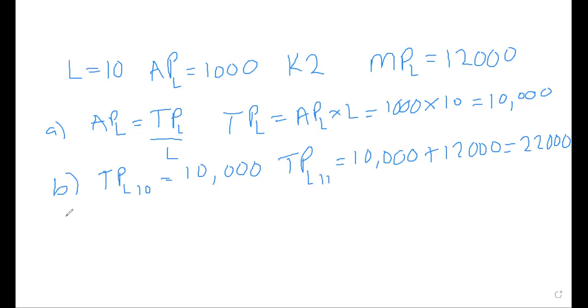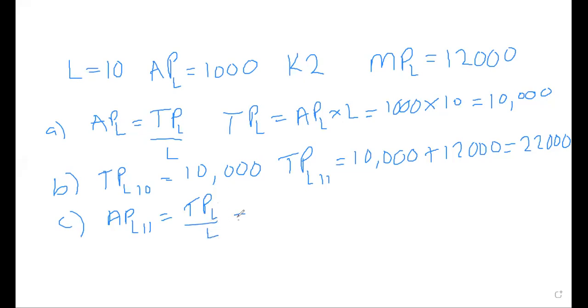All right. Now, part C. If this new laborer is taken on, what is the average for the 11 laborers? We know that average is simply the total product over the number of laborers.